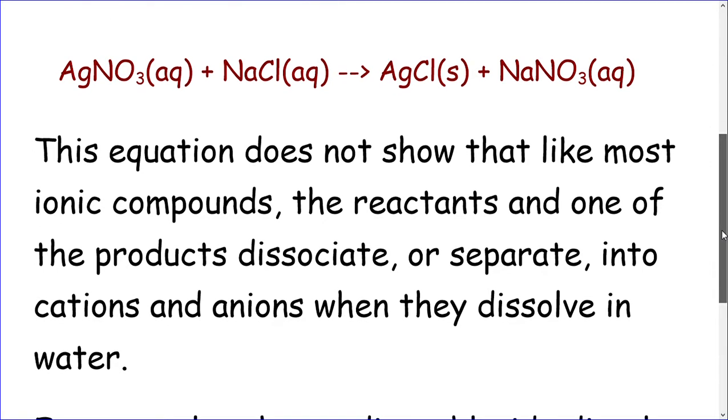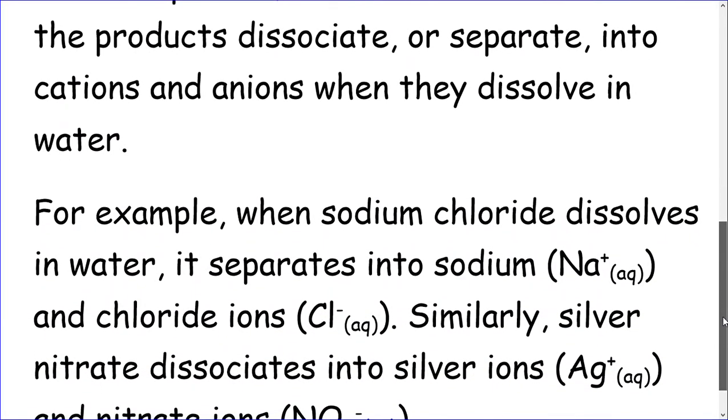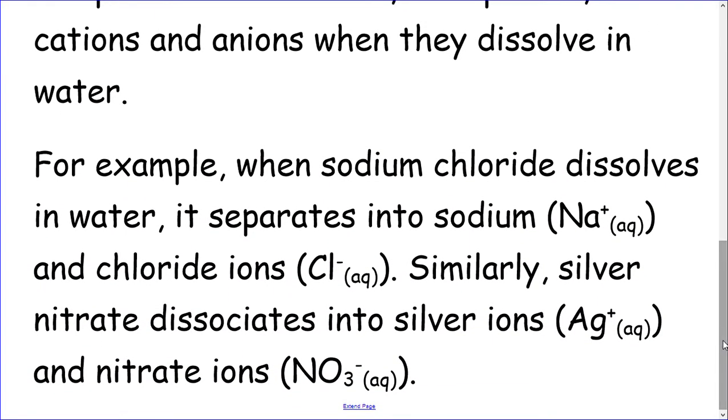So for example, when sodium chloride dissolves in water, it separates into sodium, Na plus, and chloride ions, Cl minus, and similarly silver nitrate dissociates into silver ions and nitrate ions. So they break apart when they dissolve in water, when they're aqueous solutions.